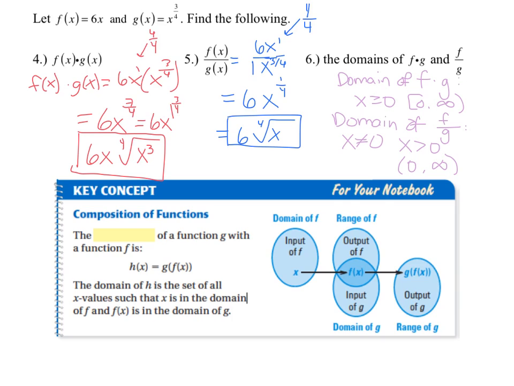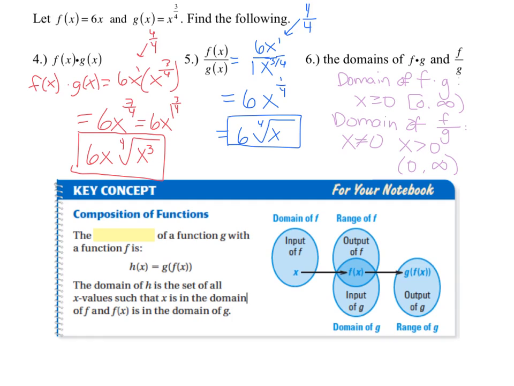So that's addition, subtraction, multiplication, and division, and a review of how to find their domains, another application of domain. Now let's take a look at another new concept. So the composition of functions.